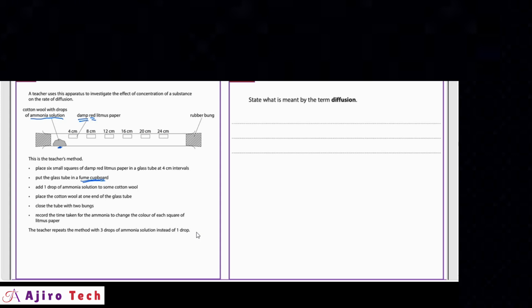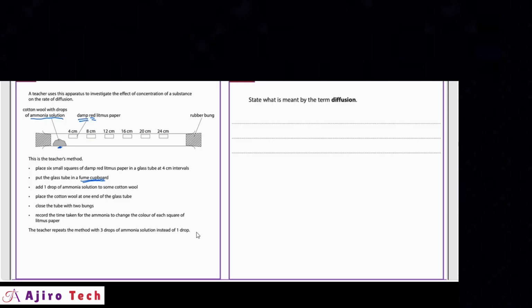If we do it like that, the ammonia solution evaporates. If we do not pour it in an absorbent material, the rate at which it evaporates will increase drastically, which may affect our diffusion investigation. So we have to put the ammonia solution inside an absorbent material. Now, this absorbent material, such as cotton wool, will be releasing ammonia gas gradually.